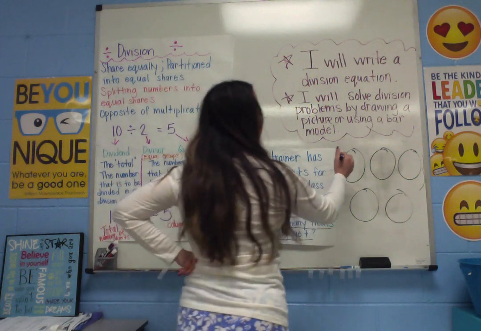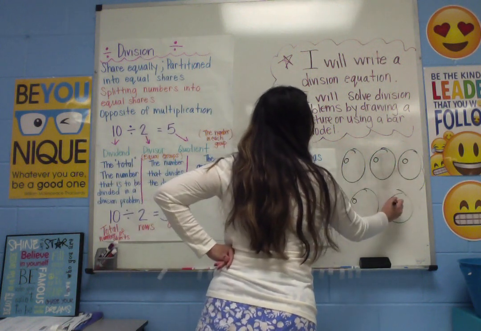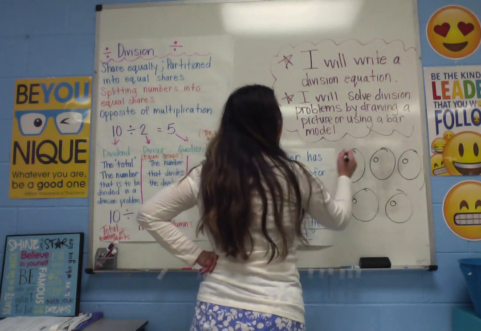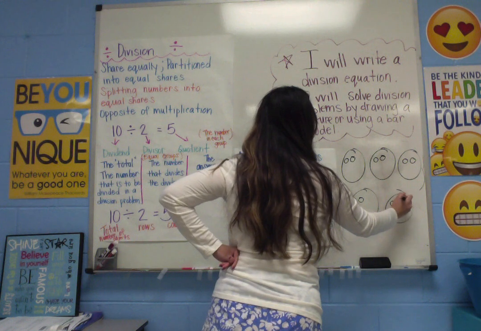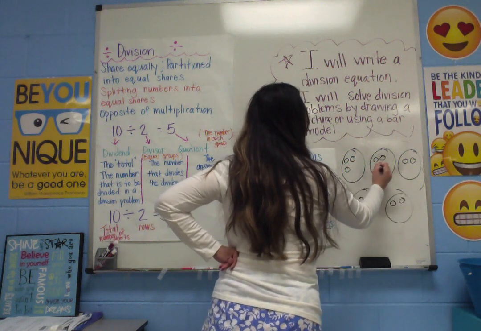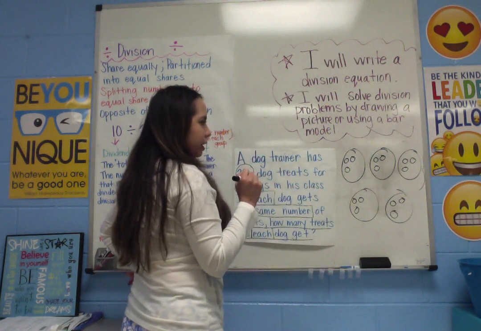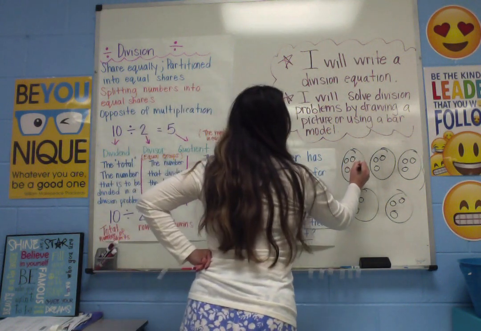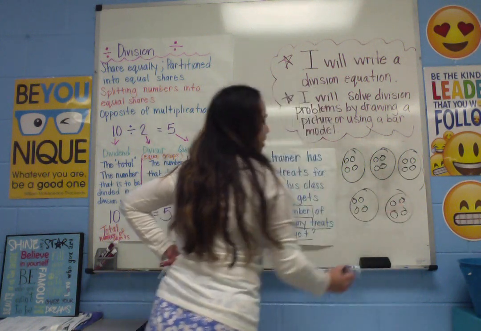All right, here we go. 1, 2, 3, 4, 5. Back to the top. 6, 7, 8, 9, 10, 11, 12, 13, 14, 15. Remember, I'm going to stop at 20. 16, 17, 18, 19, 20.